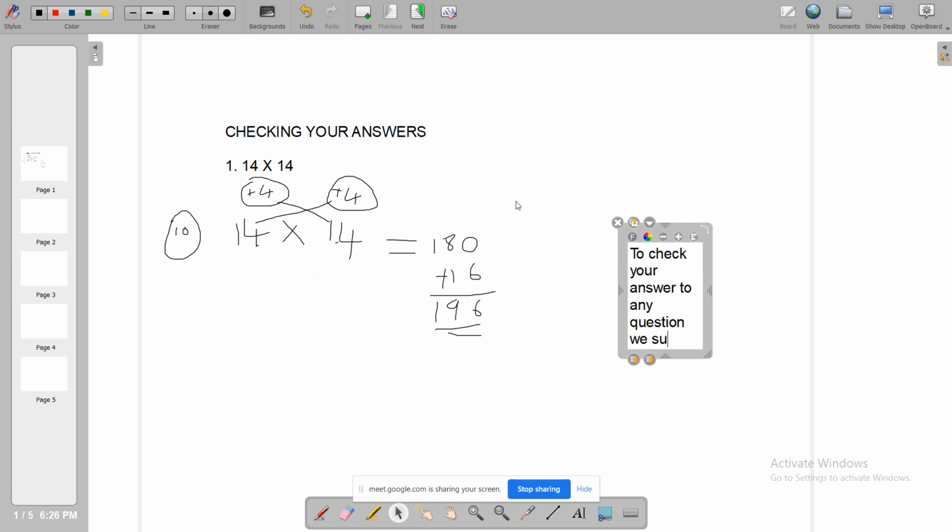A substitute method. So we use a substitute method to do that. Okay, so now I'm going to use a substitute to check my answer.